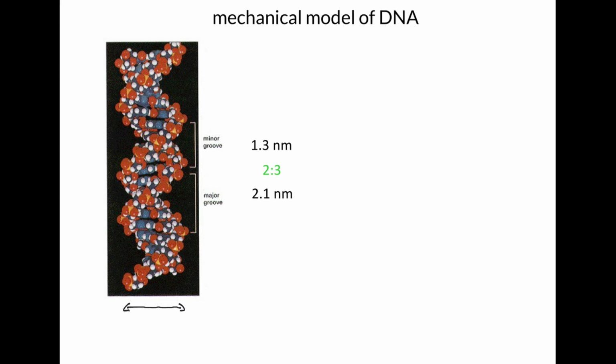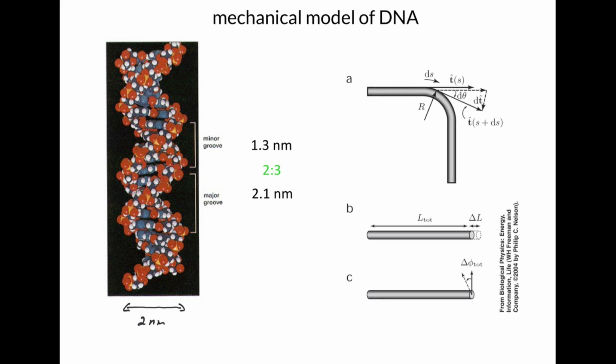So in that sense, we could imagine the DNA being just a cylinder of a diameter of 2 nanometer, that can have extended lengths.